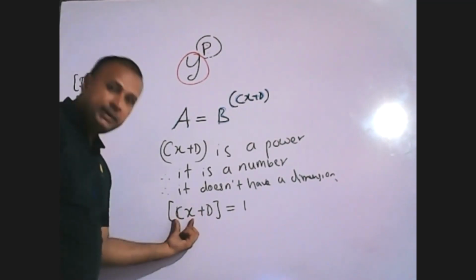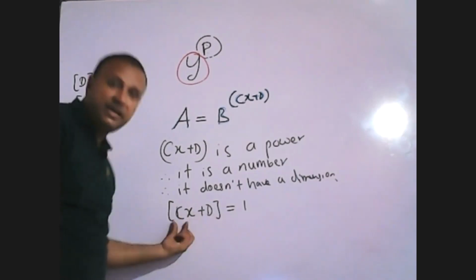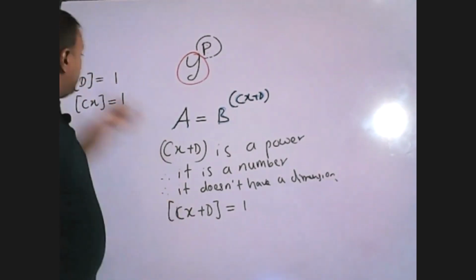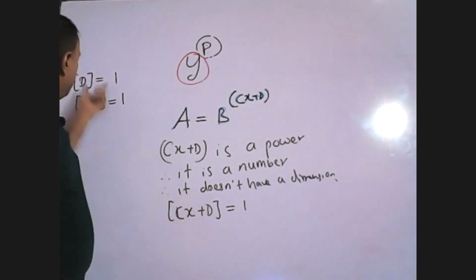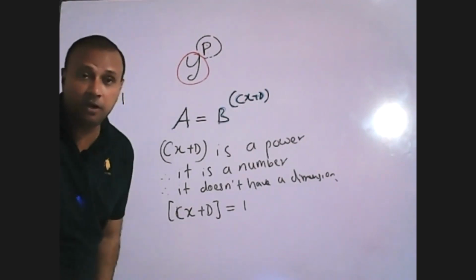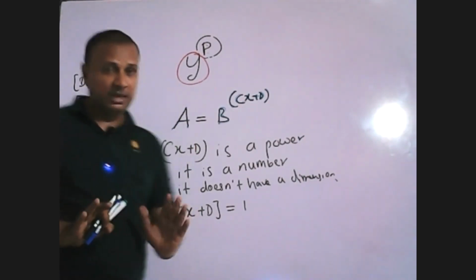There are two terms in the left-hand side, so each and every term should not have a dimension. So the dimension of D should be equal to 1. The dimension of Cx should be equal to 1. Do you understand this one?